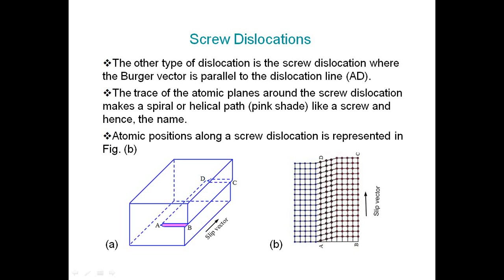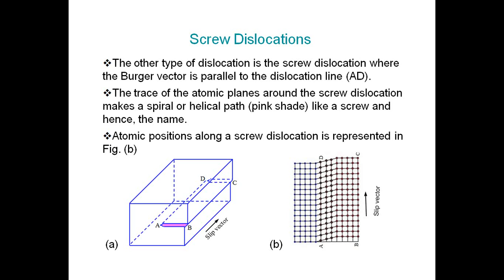Normally in screw dislocation also, there are positive and negative dislocations. Suppose the upper portion of the crystal structure is shifted towards the right with respect to the lower portion, then the defect is represented with a clockwise direction symbol.